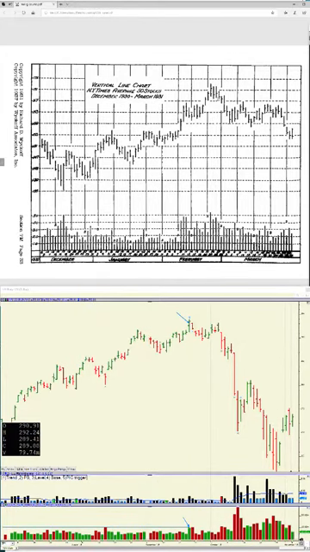Not only that, but after the climax, you were introduced to another concept over here, which was the change of behavior, meaning the biggest red volume. Before the climax was the biggest green volume; now we're looking for the biggest red volume in the trend. He said that this volume was the biggest volume on the reaction in the uptrend.